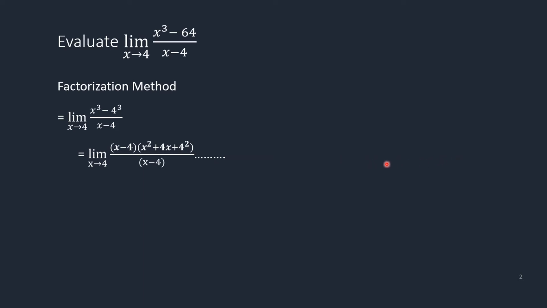The first term is the square of the first cube root, which is a square. The third term is the square of the second cube root, which is b square. The middle term is the product of these two cube roots, which is ab, and its sign will be opposite to minus, that is plus.